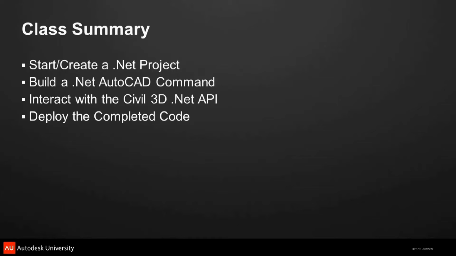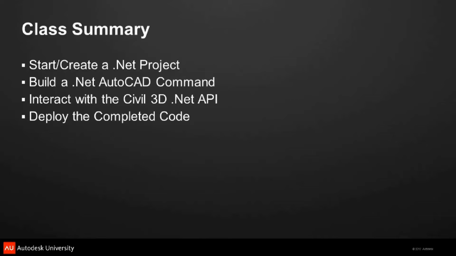Yeah, good. With the templates, we're going to look at some of the settings that they have. The handout, which I do believe is online, has all the links for where to download those templates. Then we're going to look at building a .NET AutoCAD command.